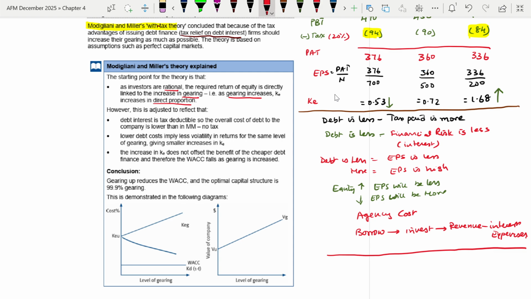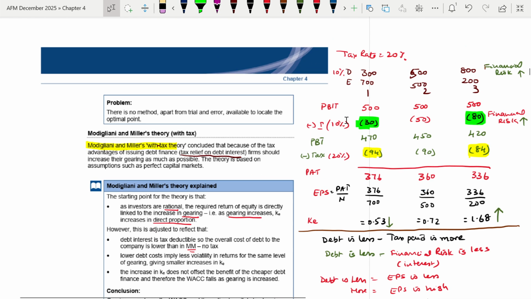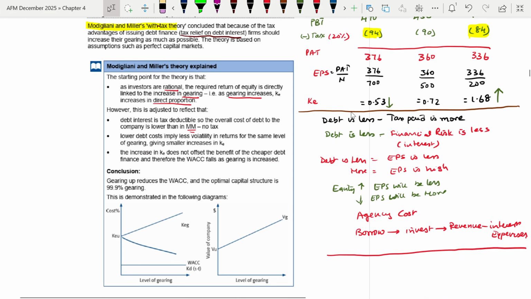However, this is adjusted to reflect that debt interest is tax deductible, so overall cost of debt is lower than MM. If debt is tax deductible, how much are we paying? We are paying lesser tax. More debt, less tax.